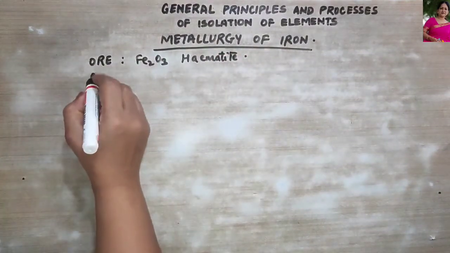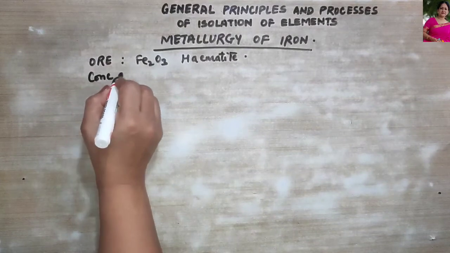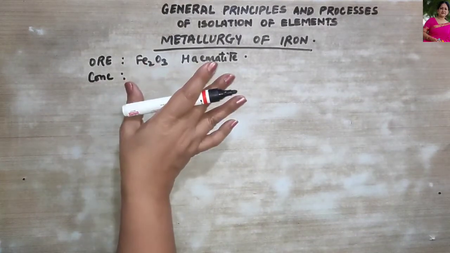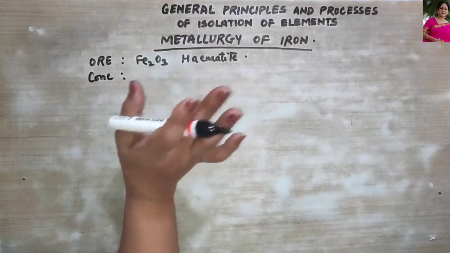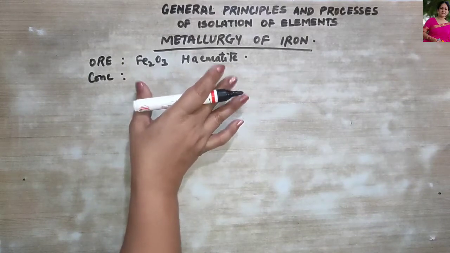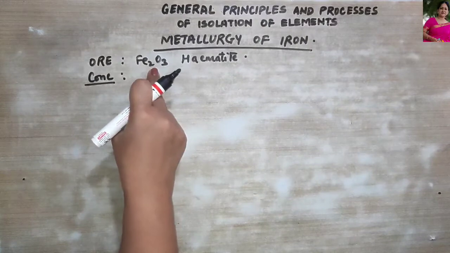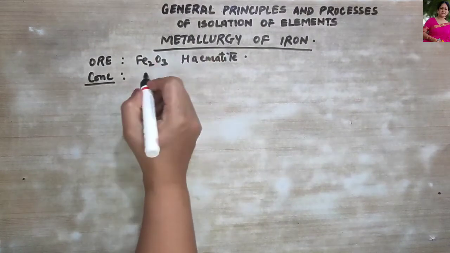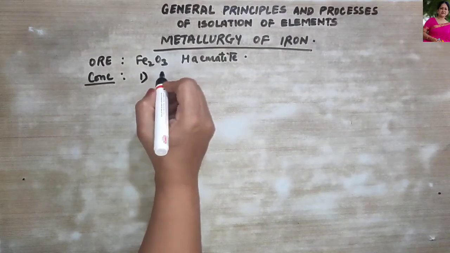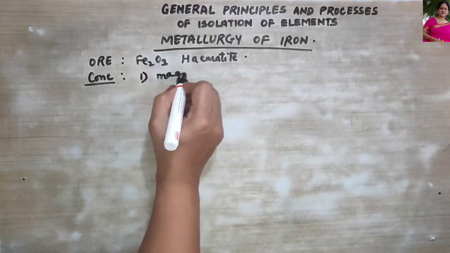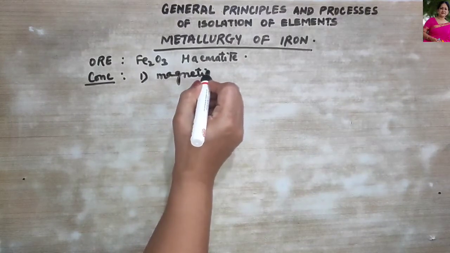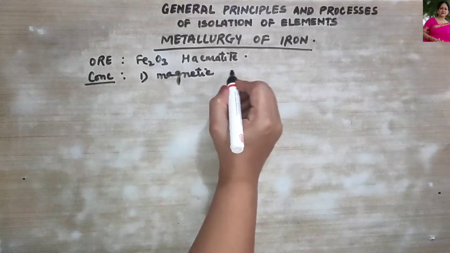Now the next step is the concentration method. Not much impurity is present in this ore, right? So what are the different methods that can be used? Because it is an iron ore, one of the methods could be magnetic separation. Do you remember your different methods of concentration?